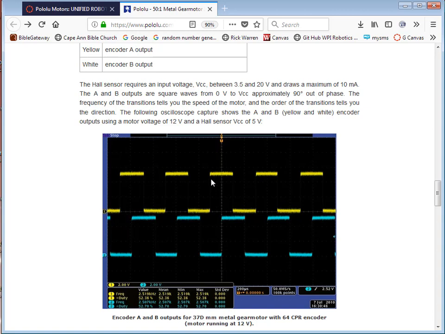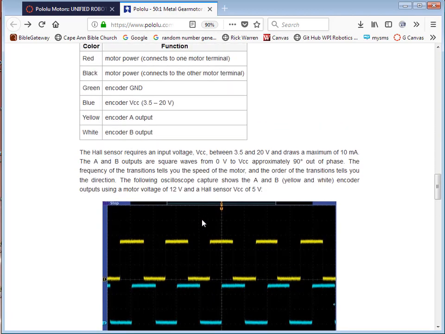There are actually 16 of these per revolution, but if you measure the rise and fall, this is low and this is high for one set, and this is low and this is high for the other set.